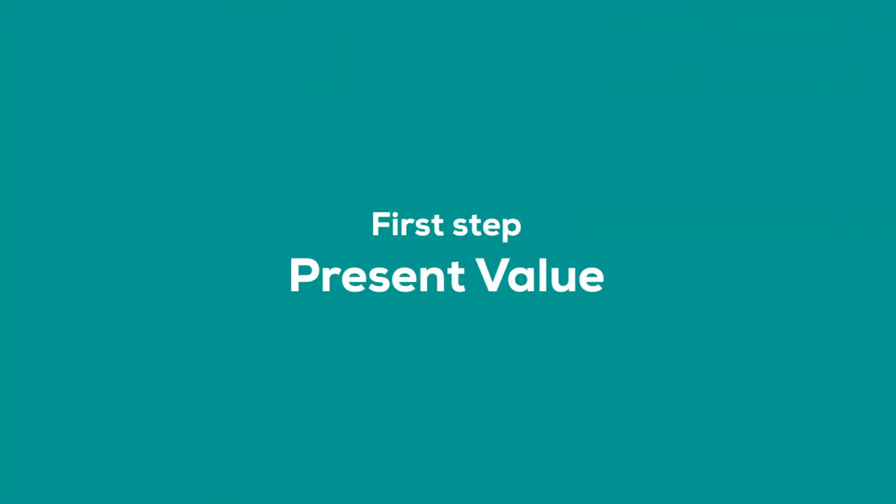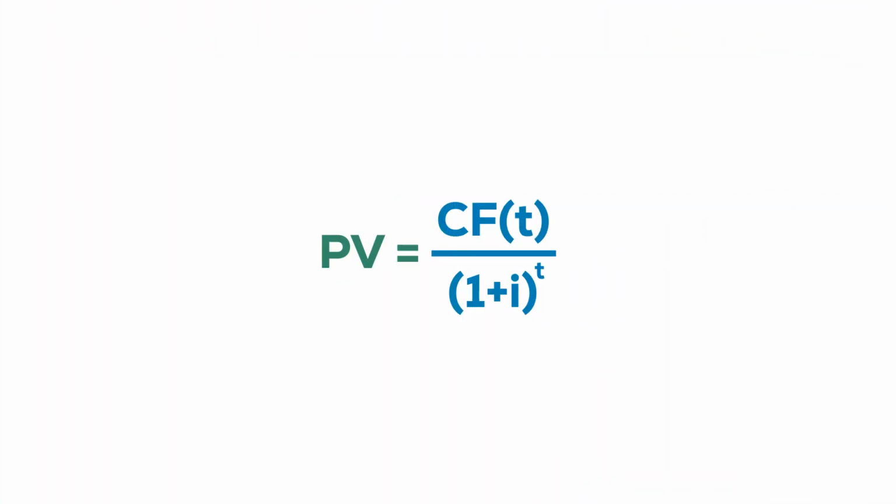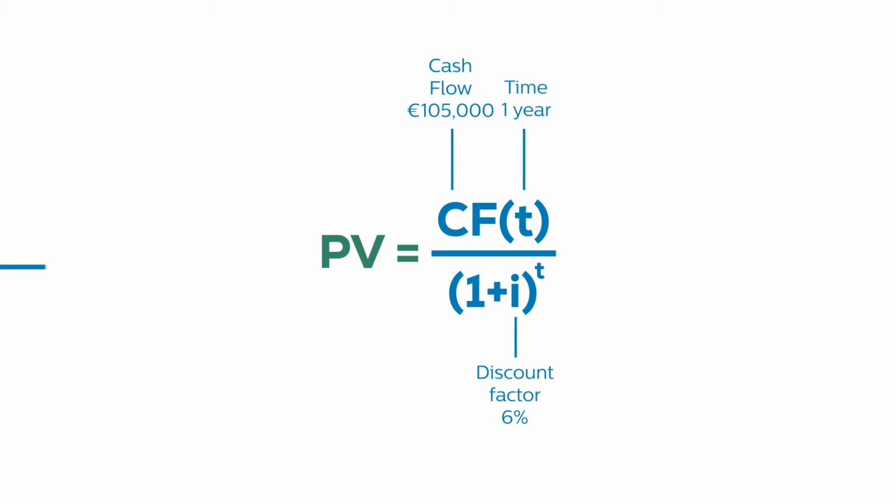Now, let's return to your medical device project. How do we get the net present value that takes time and interest rate, or more accurately, the discount factor, into consideration? The first step is to calculate the present value of the cash flow in year 1 by using this formula, where CF is the cash flow at year 1, in our example €105,000, I is the discount factor, in this case the interest rate of 6%, and the time period in this example is 1 year.